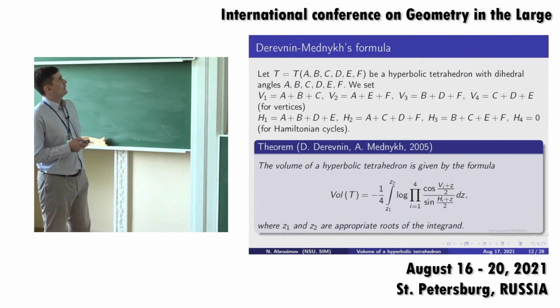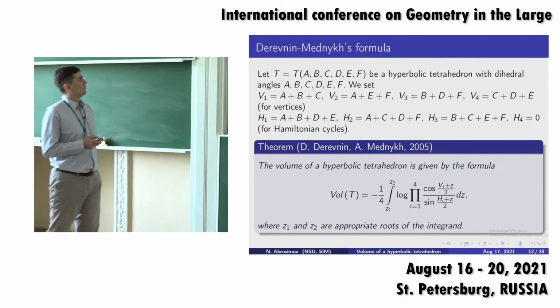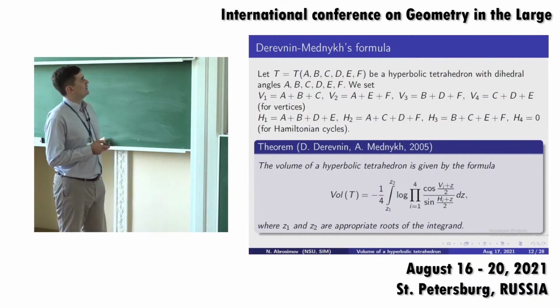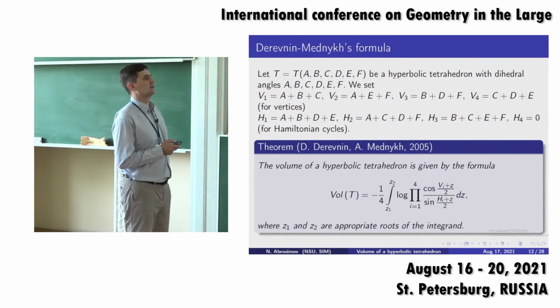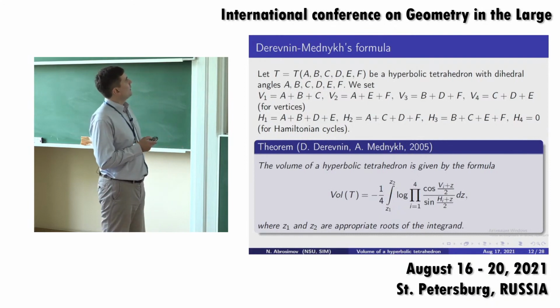In 2005, Derevnin and Mednykh suggested another formula for the volume of a hyperbolic tetrahedron. Consider a hyperbolic tetrahedron given by its dihedral angles.